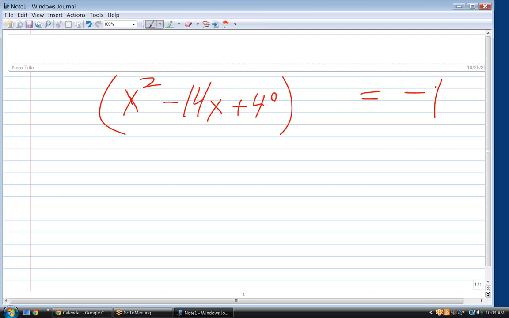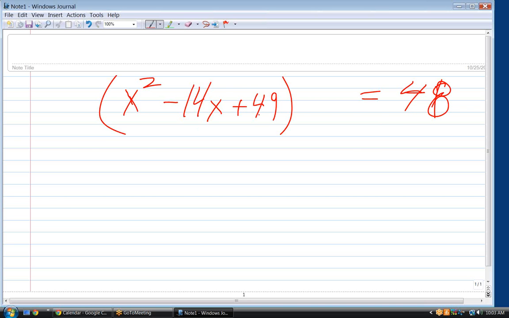It's never going to be negative. Even though we had a negative 14 that we took half of, once we squared it, it became positive. So what do I have to do to the other side of the equation? Add 49. So now this is equal to 48.